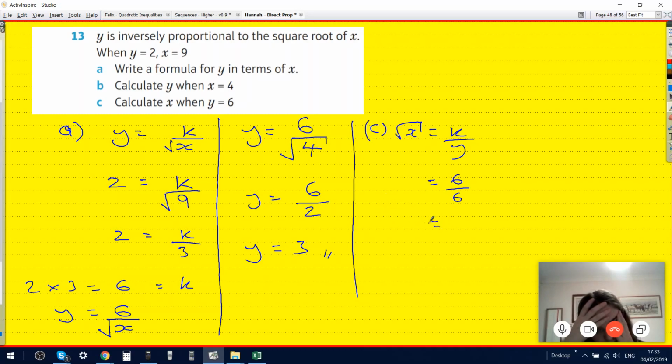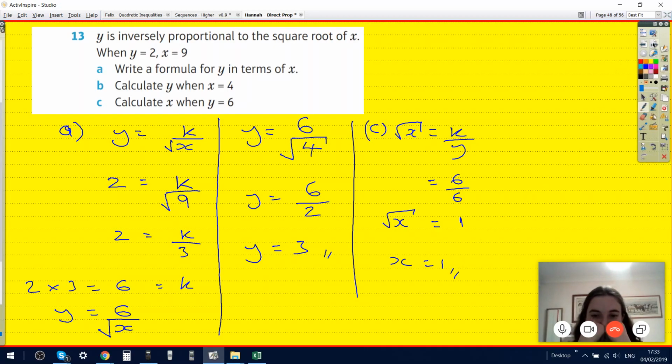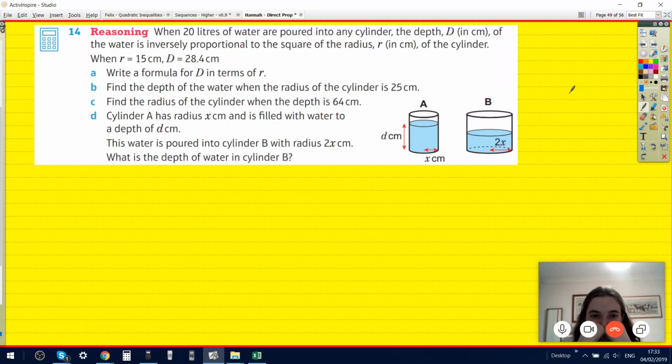So x equals 1. Yeah, so root x is 1, square both sides, x is 1. Okay, I think you're good there. This one, find it up. All right. Very good.